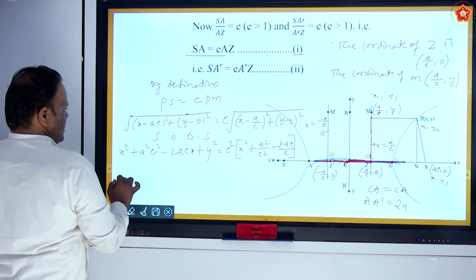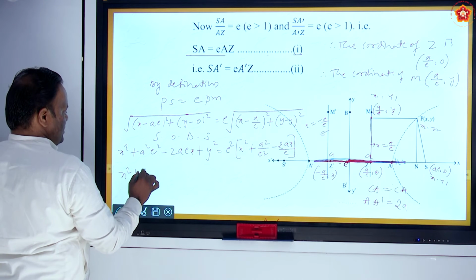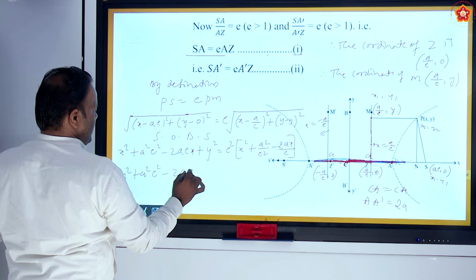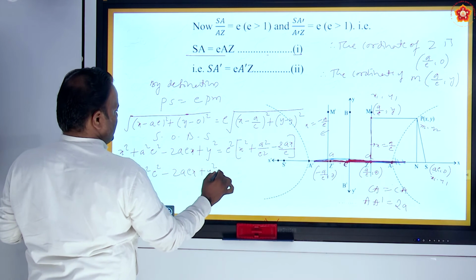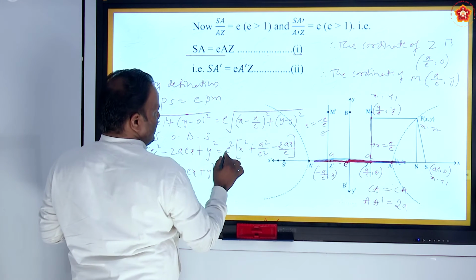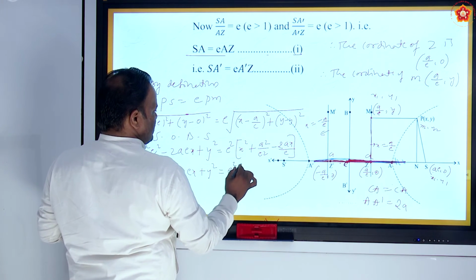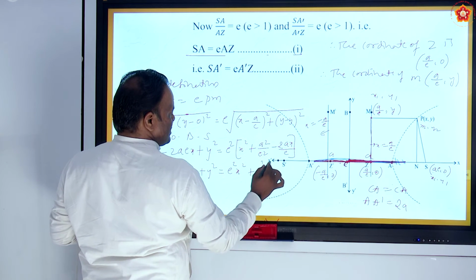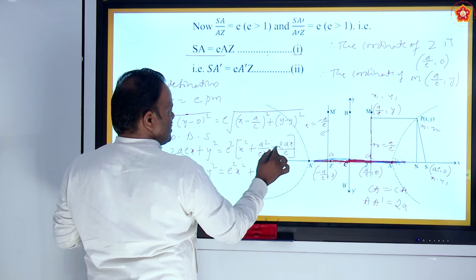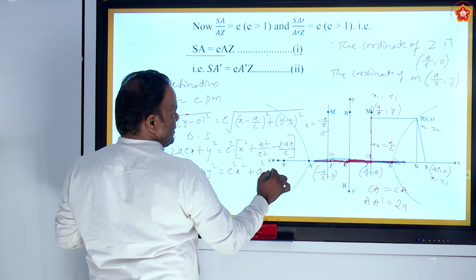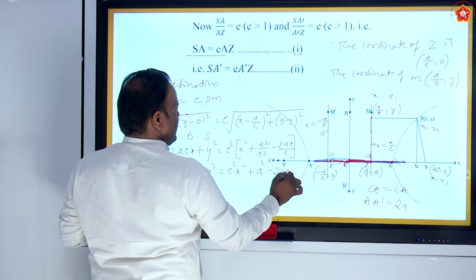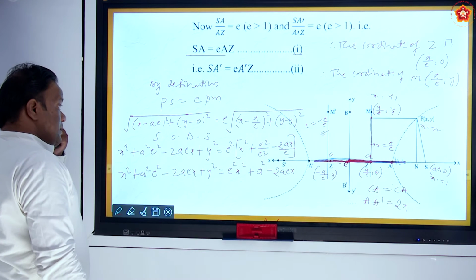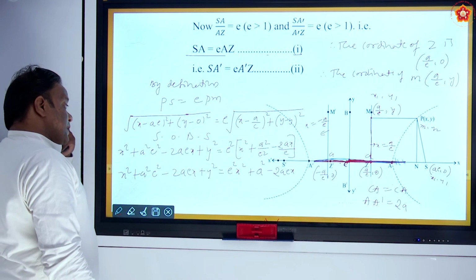Now this x square plus a square e square as it is minus 2aex plus y square, multiply e square to the bracket, e square into x square, e square x square plus e square into a square by e square, get cancelled, a square, minus e square into 2ax by e, one e gets cancelled, 2ax is remaining here. Correct? So next, observe now the simplification.